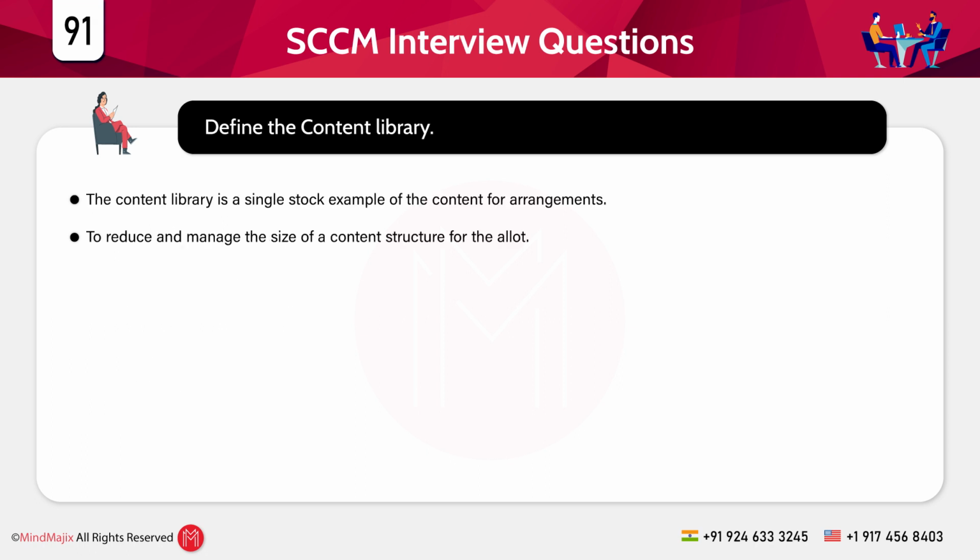After this, you have Get-Recipient, and you also have Get-ExchangeServer. The next question is, define the content library. So the content library is a single-instance store of the content for the deployments. To reduce and manage the size of the content structure for the distribution, the content library stores all of the files for installation of the software, like updating the applications, installing operating systems and software.